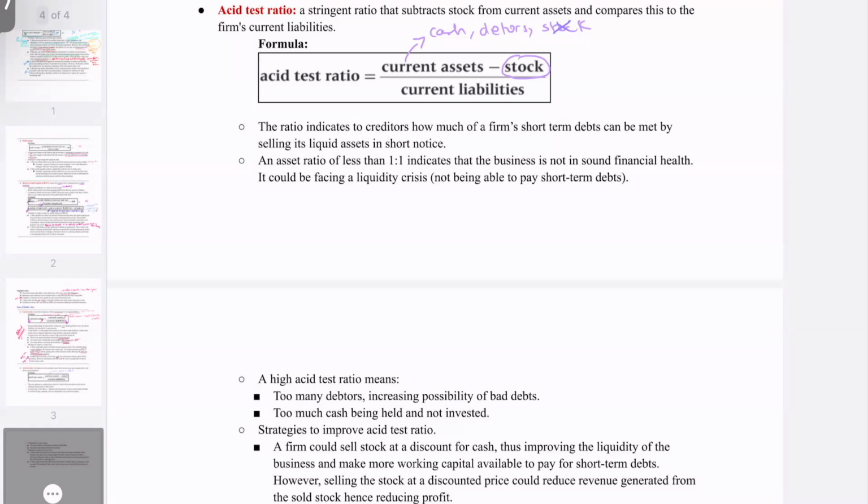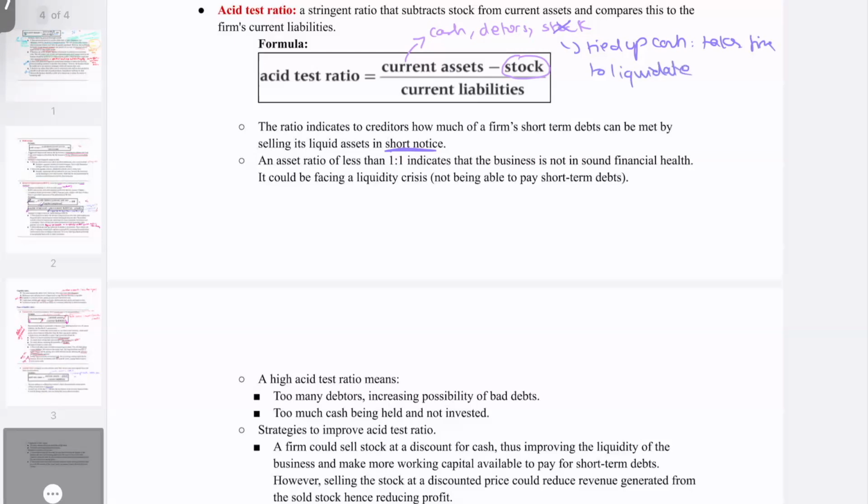Okay, so like I previously mentioned, stock is basically tied up cash. And they say short notice, right? So how much they can pay at short notice, because selling stock takes time to liquidate, right?